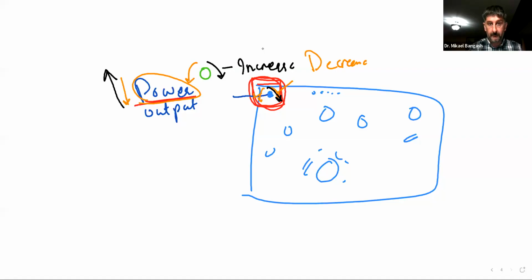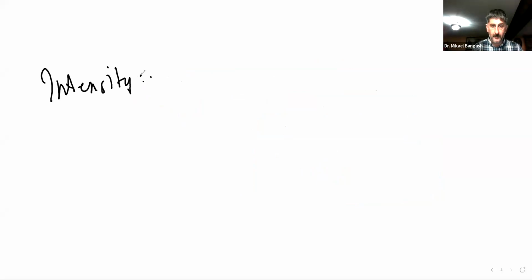Now we can go on to our next bigness parameter. And that one is going to be intensity. Now just look here.